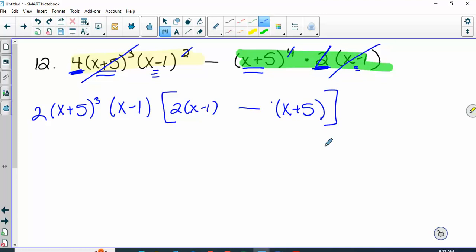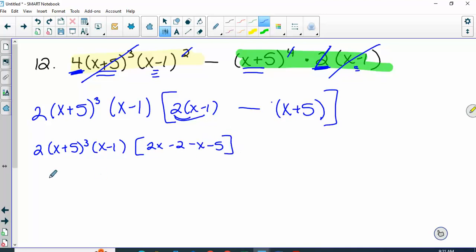Could I do anything else to clean it up? Probably. Let's see. So we have a 2, x plus 5 cubed, x minus 1. All right. In here, if I distribute this one, I just take the negative through. 2x minus x is x.